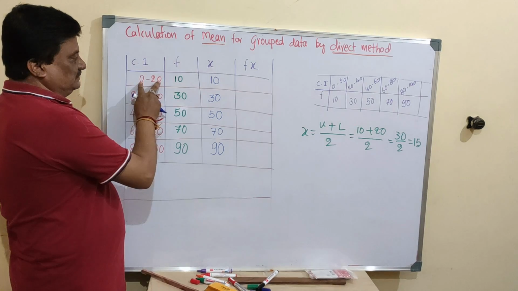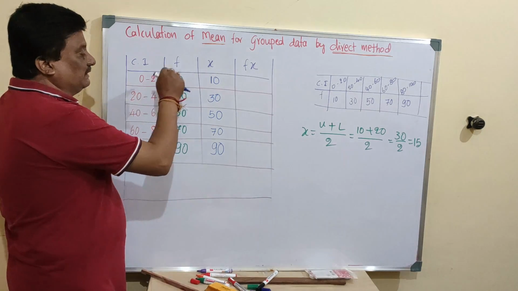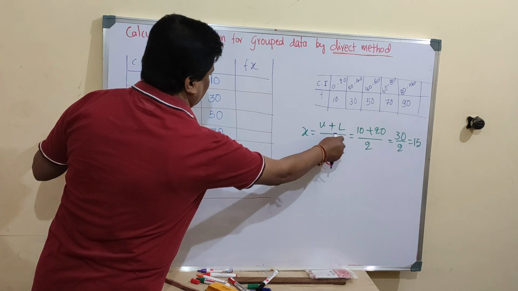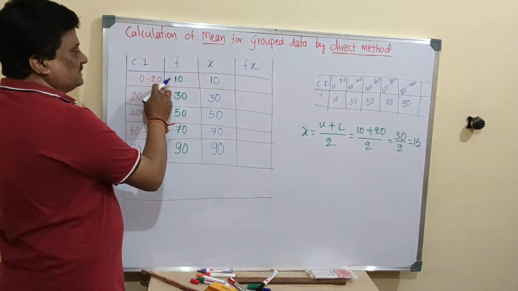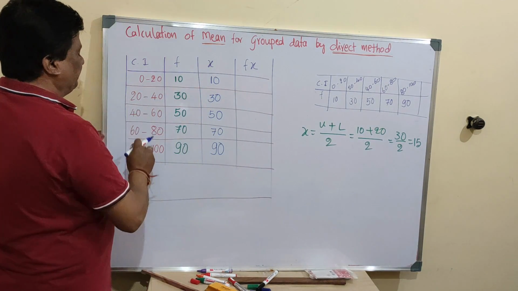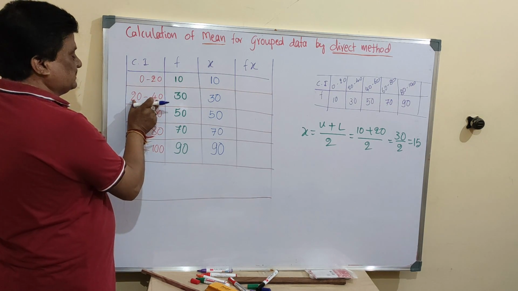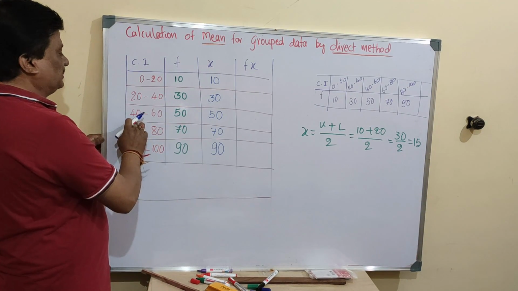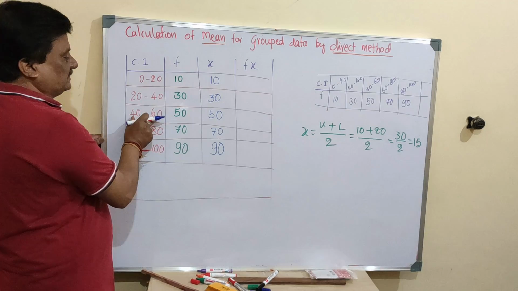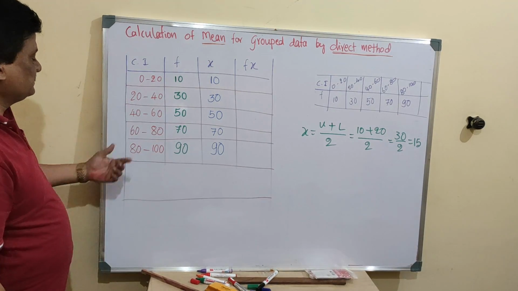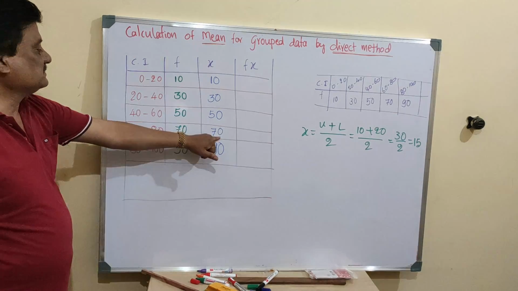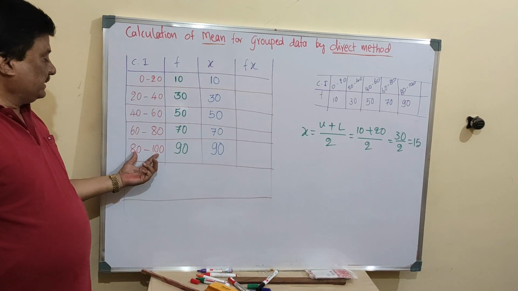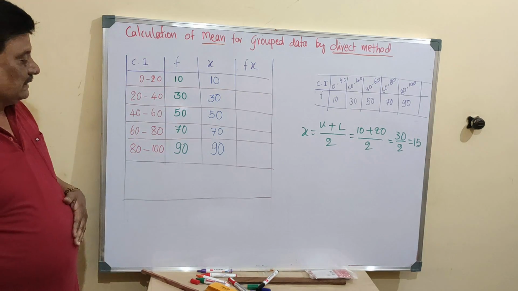The class mark is upper plus lower divided by 2. So 0 to 20 gives 20, divided by 2 is 10. 20 to 40 gives 60, divided by 2 is 30. 40 to 60 gives 100, divided by 2 is 50. 60 to 80 gives 140, which is 70. 80 to 100 gives 180, and divided by 2 we get 90.